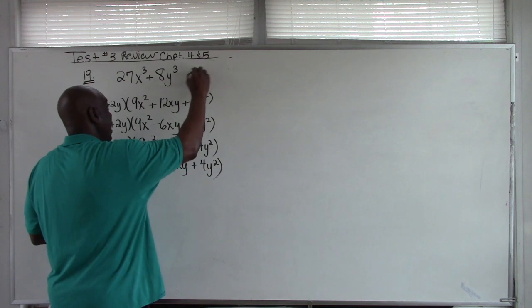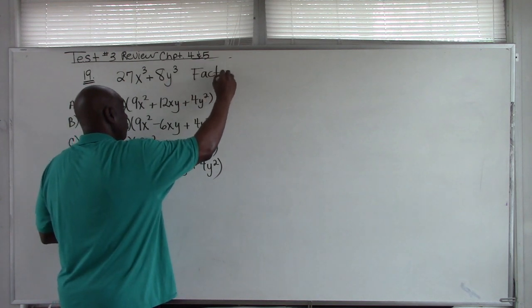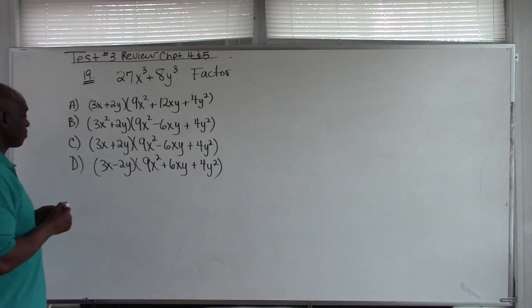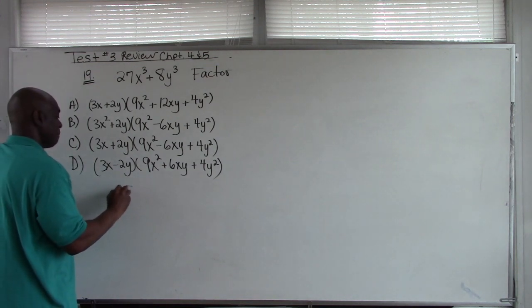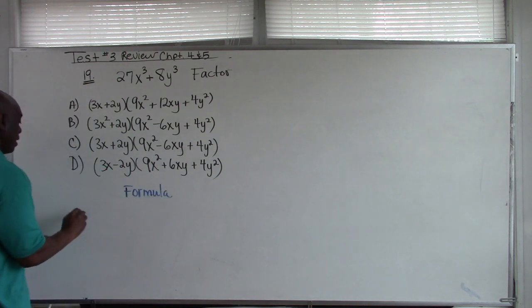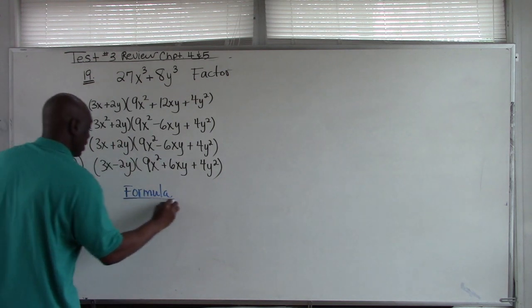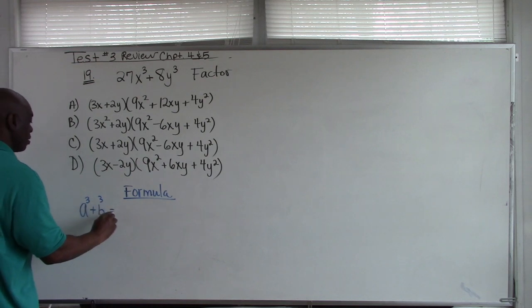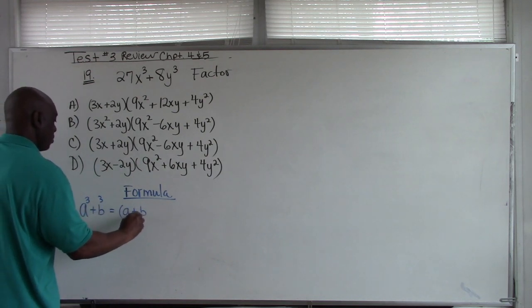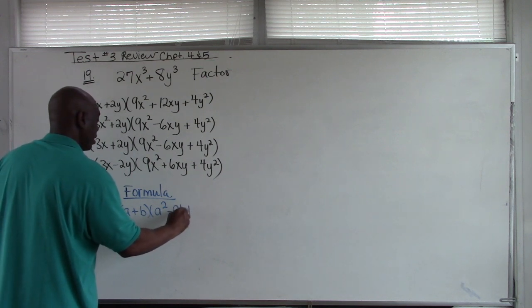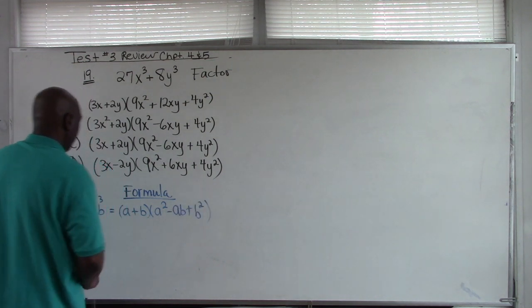They want you to factor this. Here are your possible answers, and here are the formulas. The formula says that a cubed plus b cubed equals a plus b times a squared minus ab plus b squared.